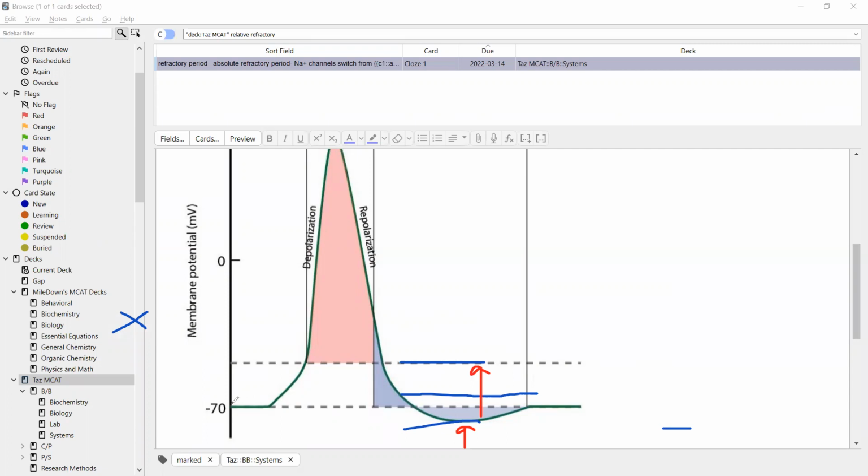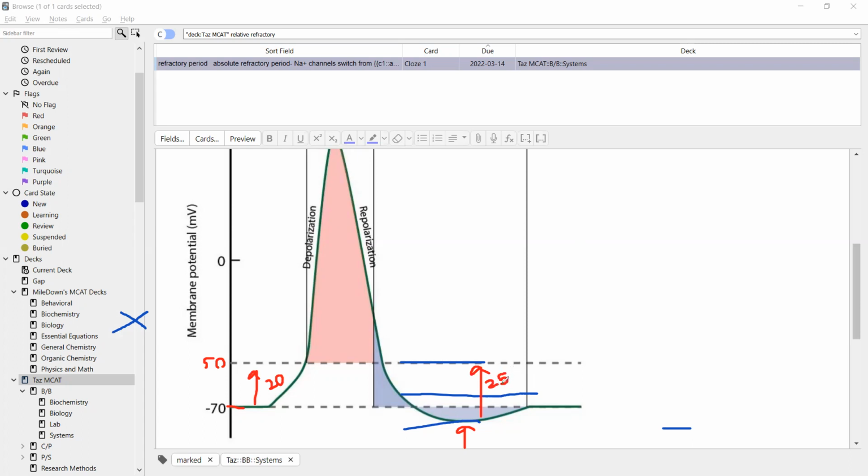From here, if this is 50, as it typically is, it's only a difference of 20. So we only need electrical stimulation of about 20 microvolts. But when we're hyperpolarized, whatever this amount is, maybe it's 5 microvolts, now we need it to cover a difference of 25.